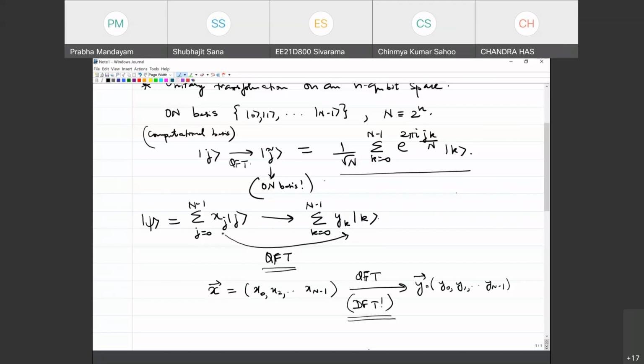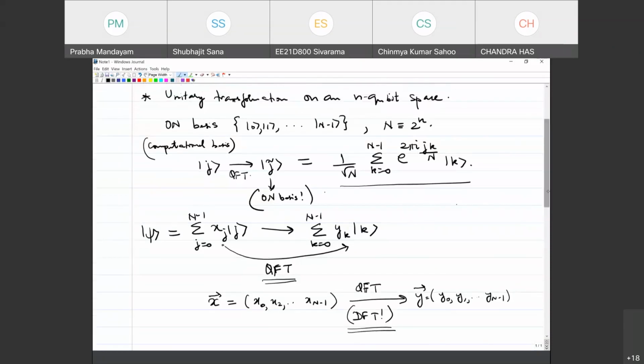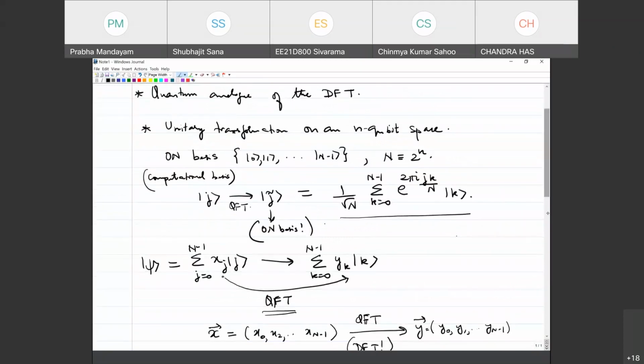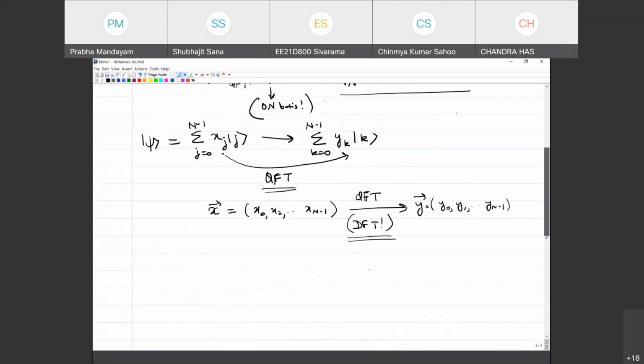And we showed last time, just simply using the properties of these roots of unity, that this is a unitary transformation. Now the aim, and maybe part of the next lecture, will be to work out the circuit for this quantum Fourier transform, right?